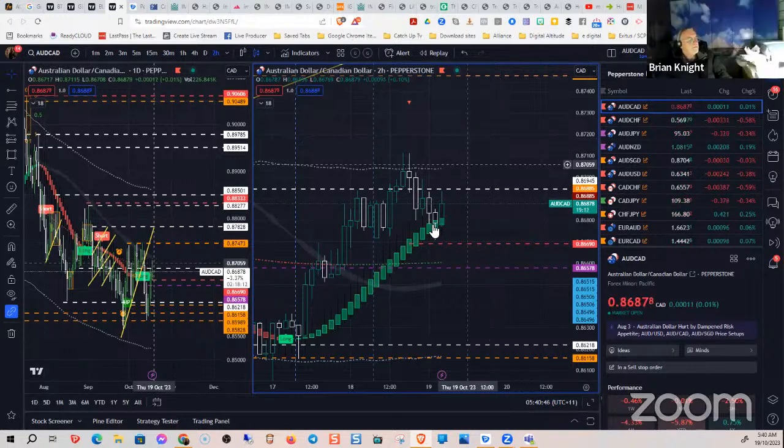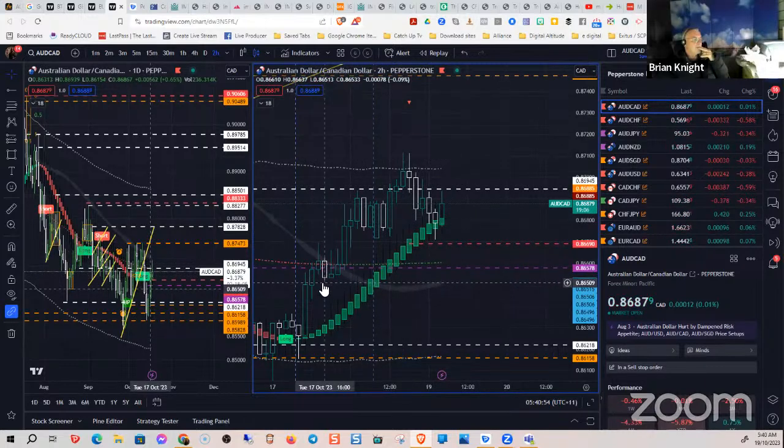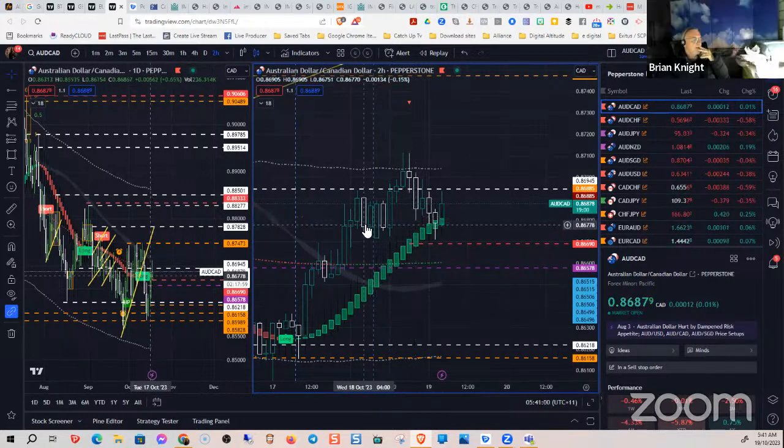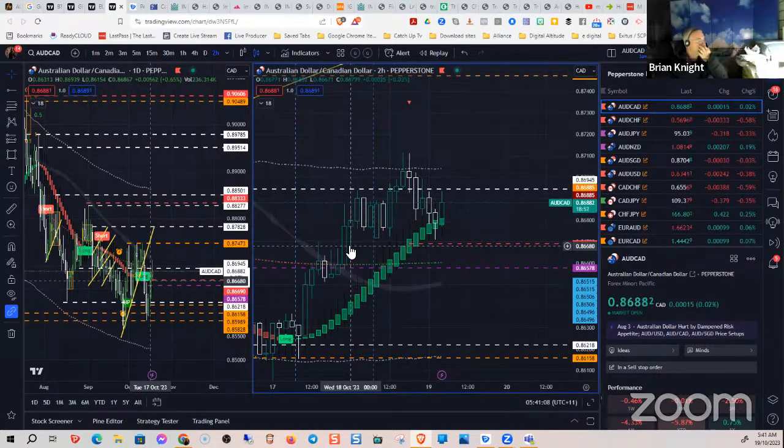So if it doesn't come down and take that out, over a couple of candles to your left. Oh, that one. Two candles. There, that long wick. Oh, right, that one there. That's your next one.